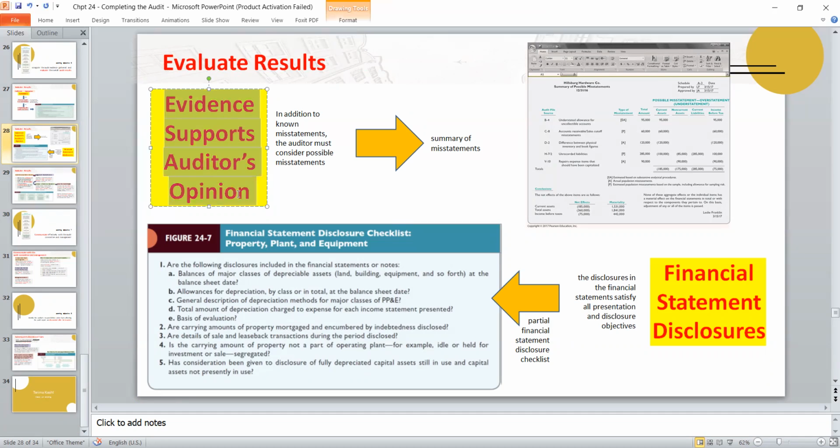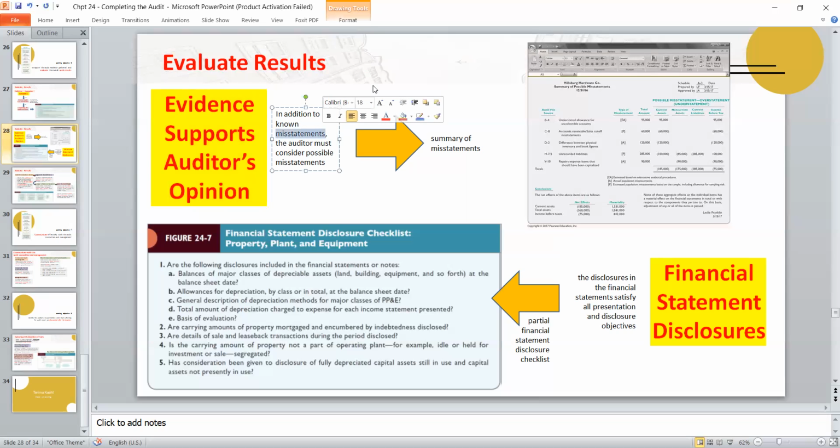There are two important things to evaluate the result. Firstly, the evidence to support the auditor opinion. Second, the financial statement disclosure. For the evidence that supports the audit opinion, of course, the audit opinion is related to the misstatement.